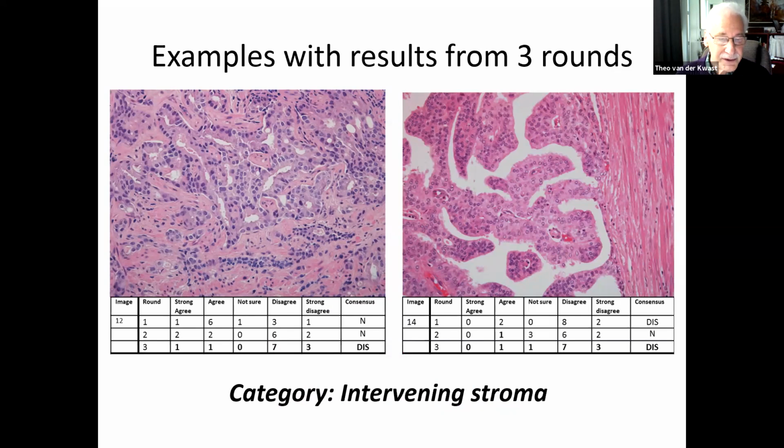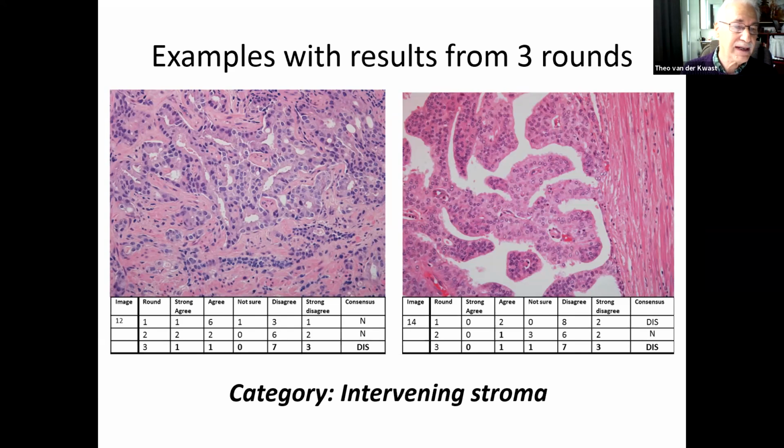On the left side of the category intervening stroma complex fused, where anastomosing strands of tumor cells may give the impression of cribriform pattern. At the third round, consensus against cribriform pattern was reached, as you can see. Although there was one strong agreement with the statement.